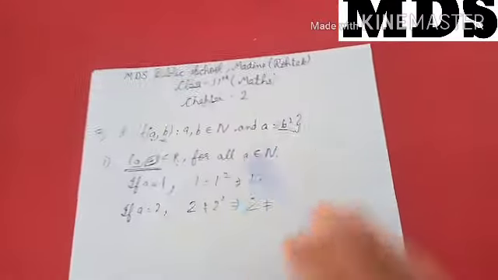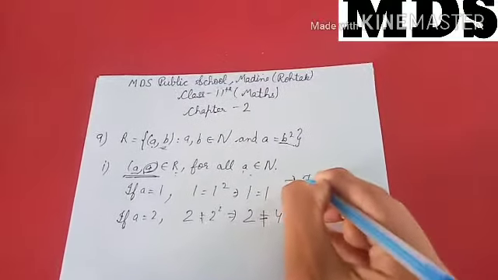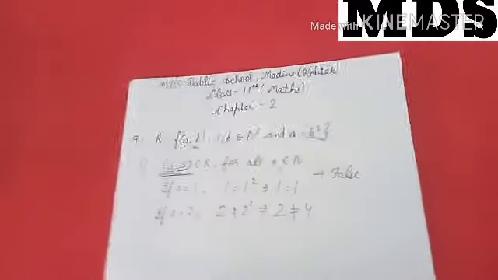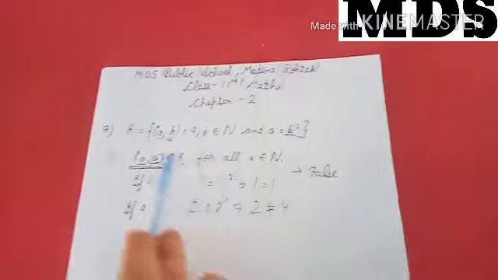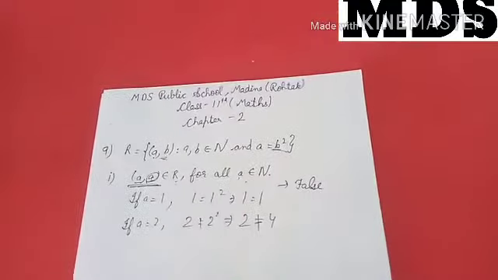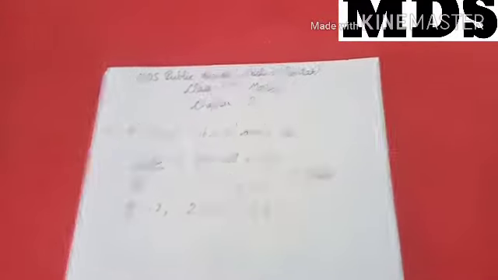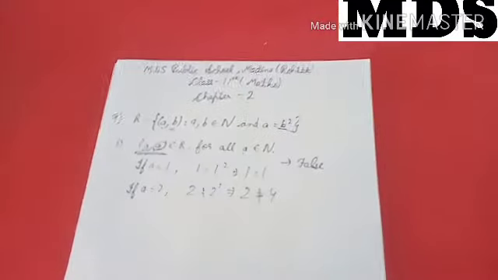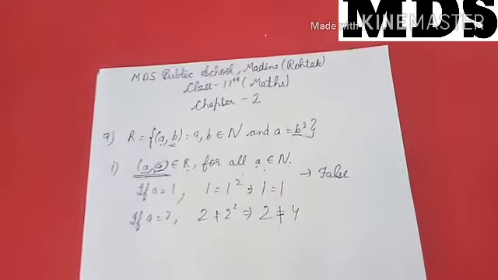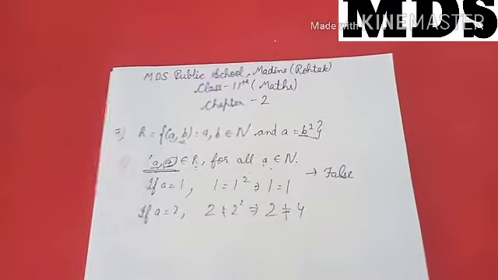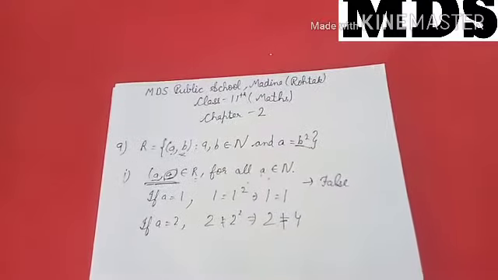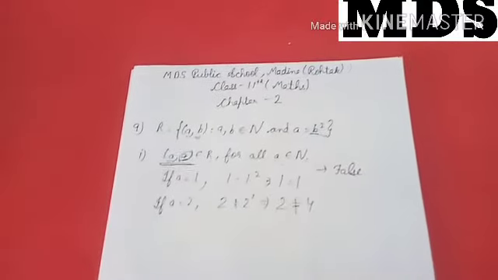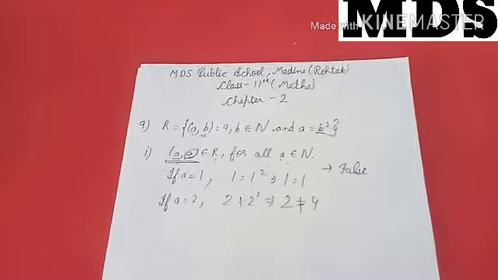So this means this is false. You have to remember that if you want to show it is true, then we have to check every number, and if you want to show it is false, then we have to find one such number that is not following it. However many are following this, but one should be there that is not following.